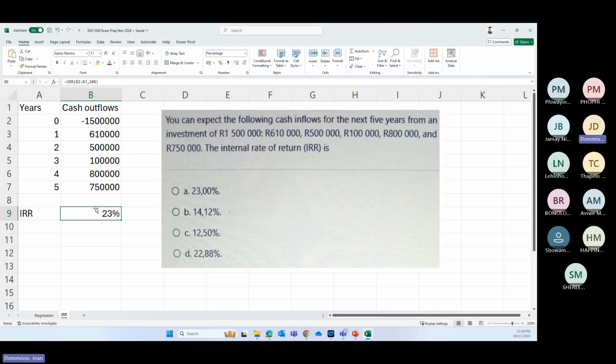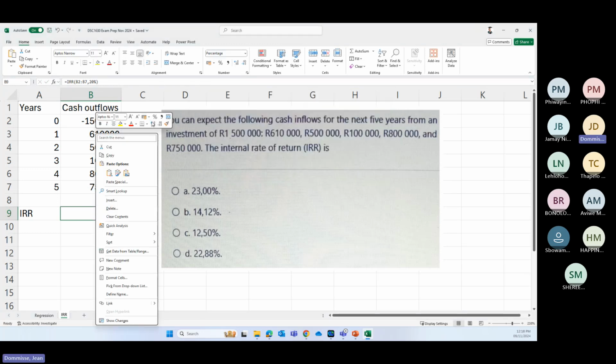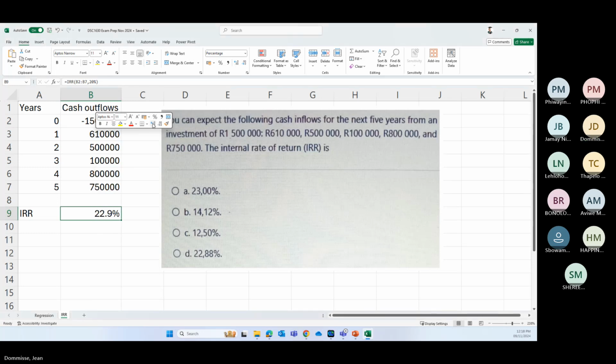And then let's make 100% sure to round it off, because again, be very careful. You guys saw, even on your calculator, if you had it rounded off to the closest integer, so no decimals, you would select 23.